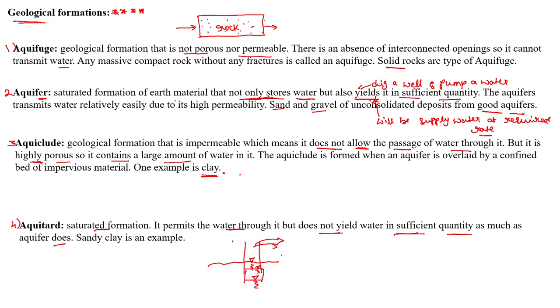Even after time delta t, the level may remain here or may go down a little more. In this case, the formation is not providing enough quantity of yield. So these types of structures are called a geological aquitard.